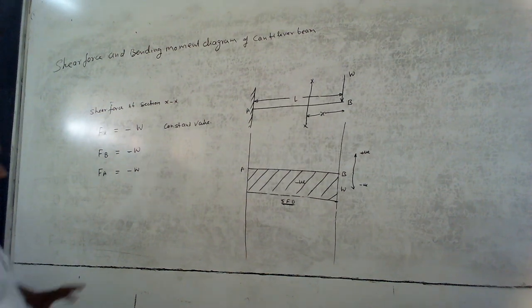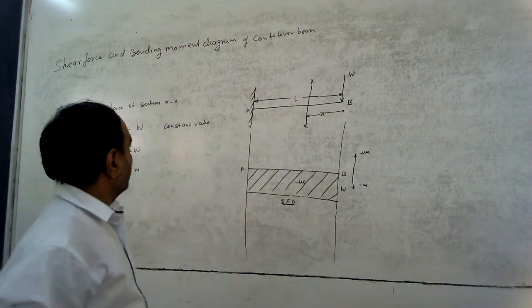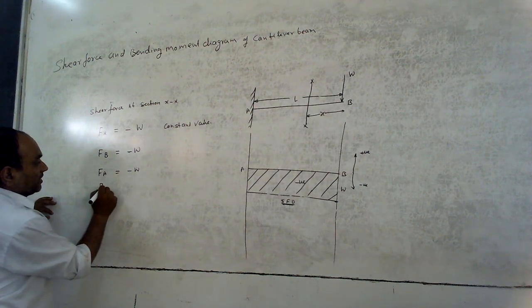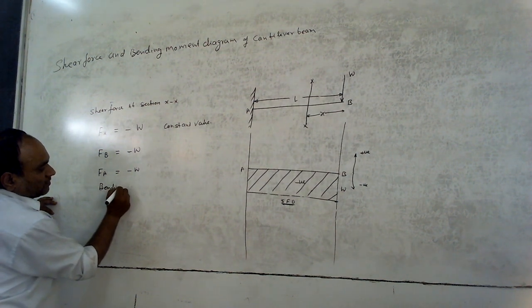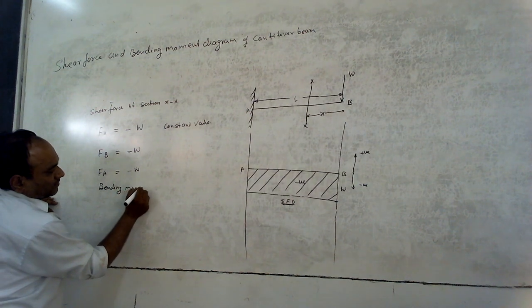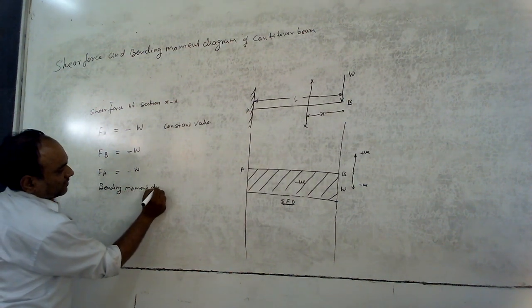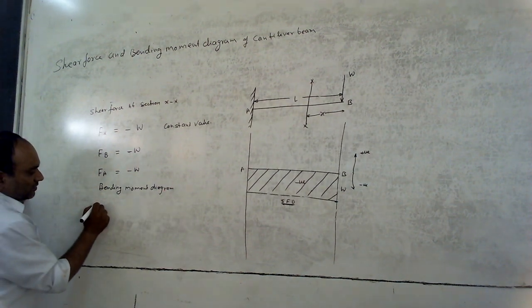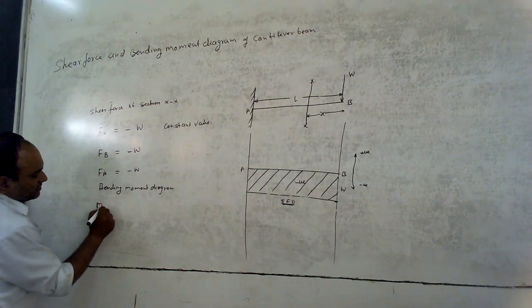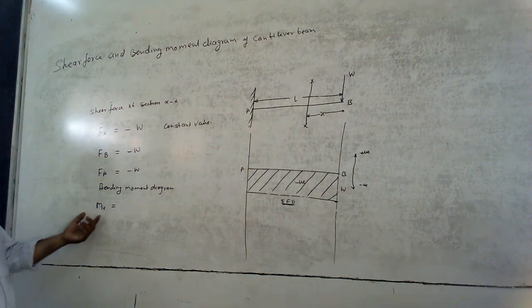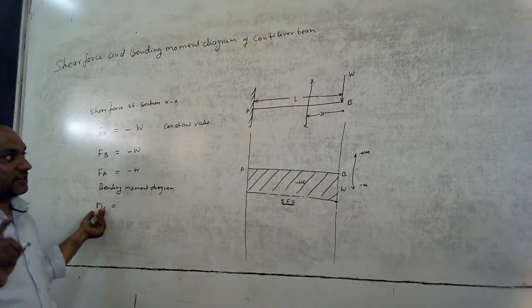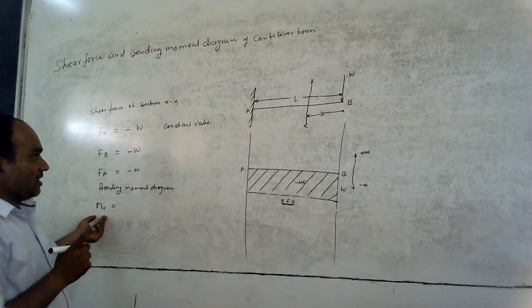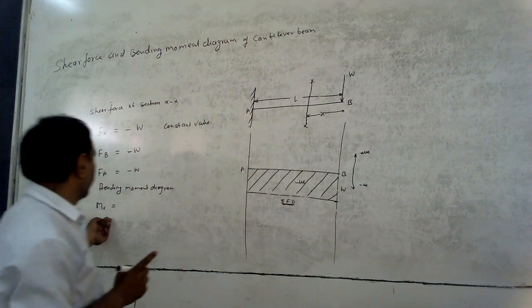And now I would like to try the bending moment diagram. Mx means the bending moment at a section XX, that is, at a distance x from the free end.